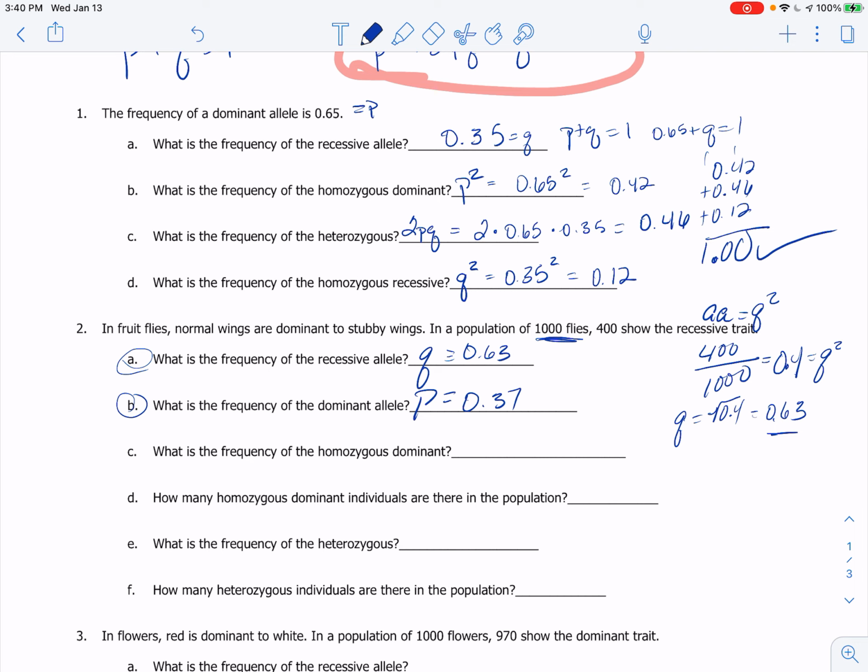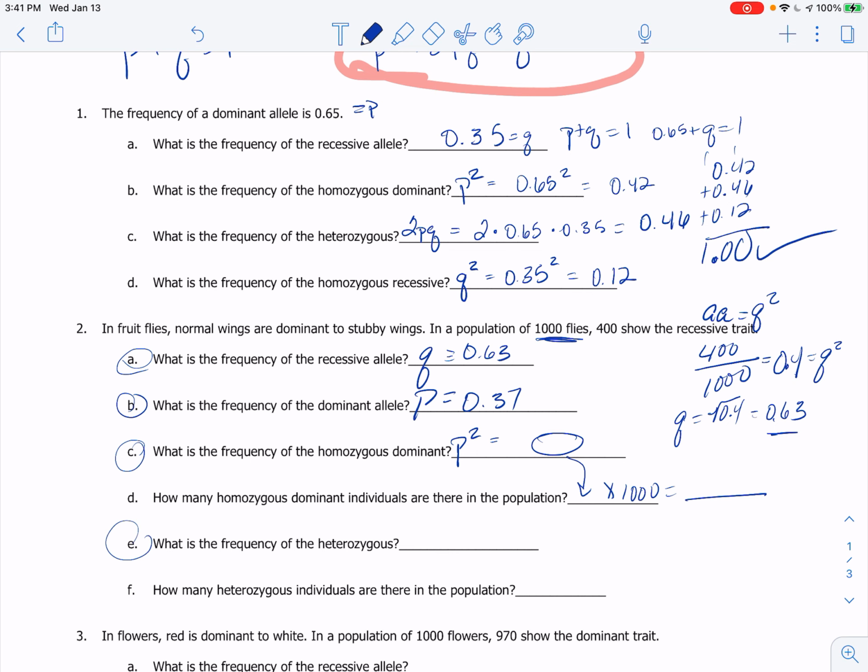And then you can continue to go. So letter C, what is the frequency of homozygous dominant? Well, homozygous dominant is going to be P squared. You can calculate that. And how many of the homozygous dominant individuals are there in that population? You will take that number and multiply it by 1,000, and that will give you the number in that population.